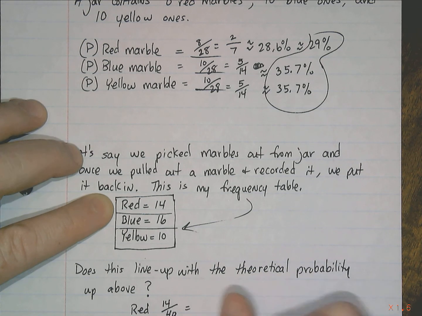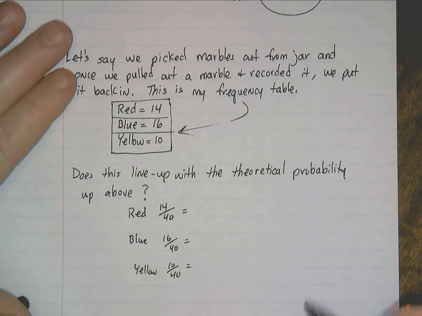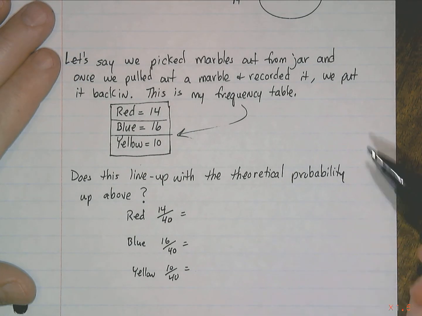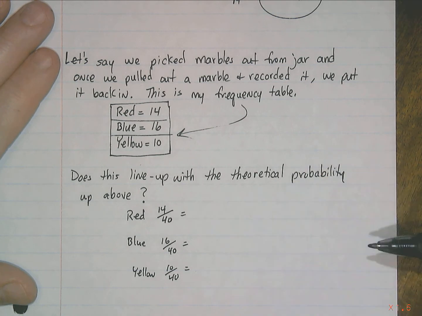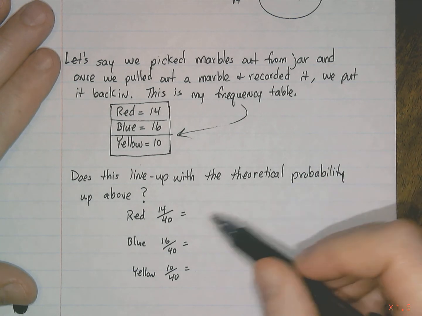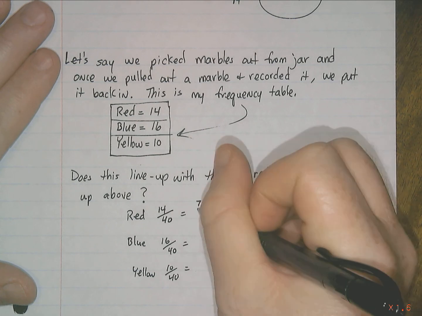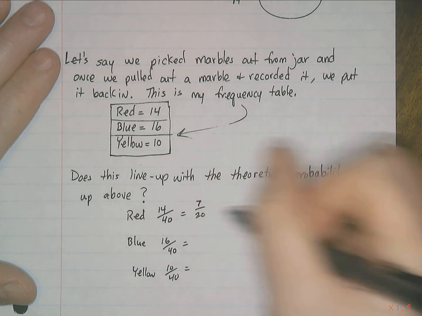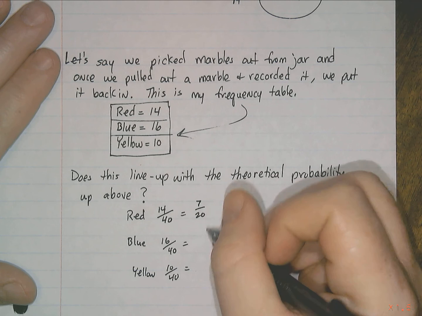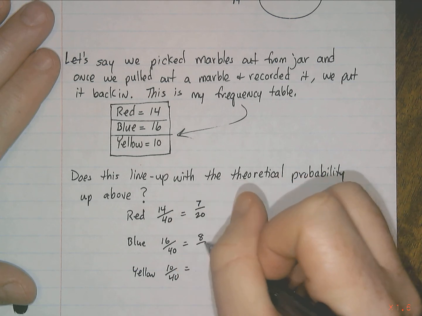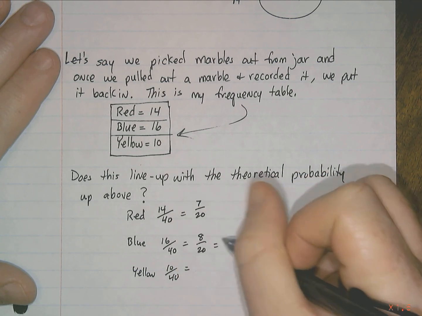Well, if you put those in lowest terms, or you can just simply divide the top by the bottom, you can do that. I'm just going to simplify it just a little bit. So this is going to be 7 over 20. This is going to be 8 over 20, but I can actually go a little bit further.